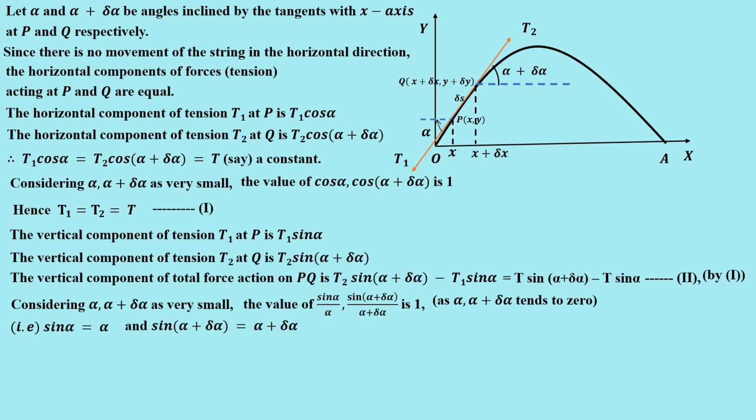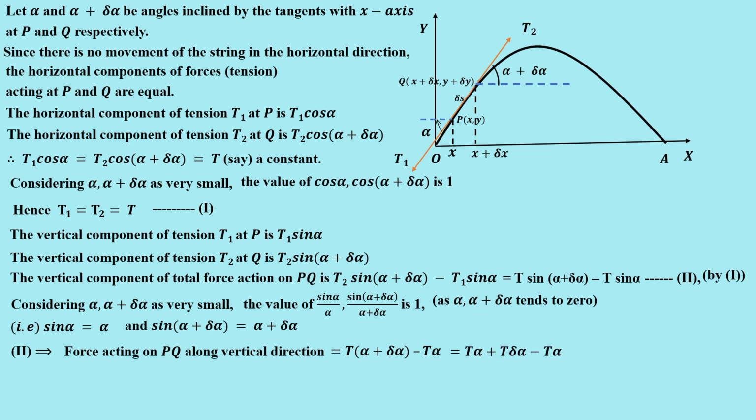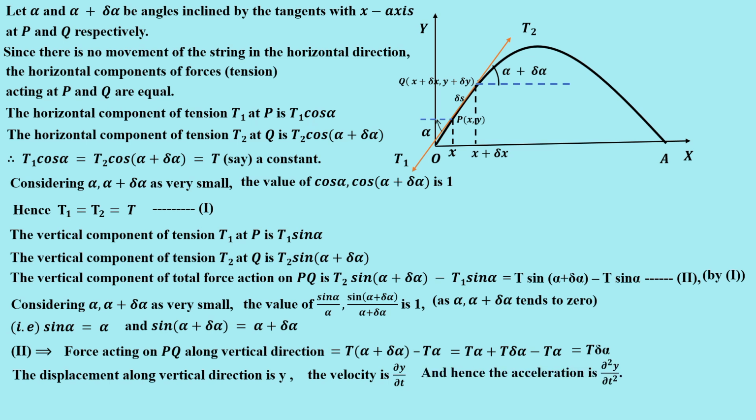Similarly the second one also. So equation 2 implies the force acting on PQ along the vertical direction is T(alpha plus del alpha) minus T alpha, so T alpha plus T del alpha minus T alpha, that is T del alpha. The displacement along the vertical direction is y, so the velocity is dou y by dou t with respect to time, and hence the acceleration is d square y by dt square.